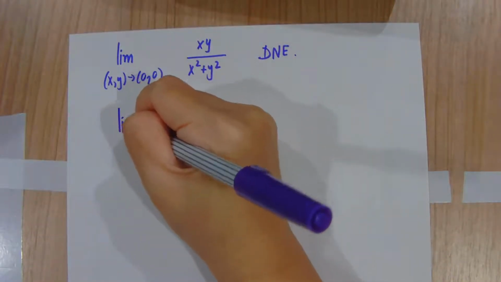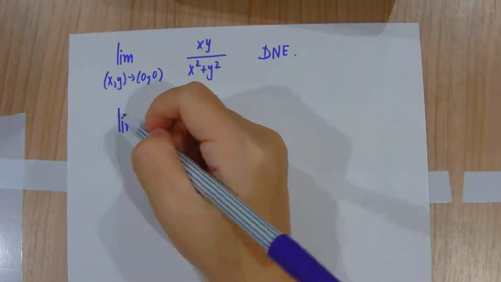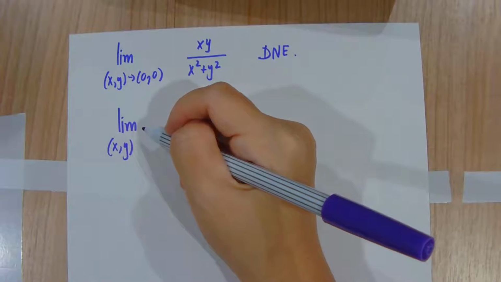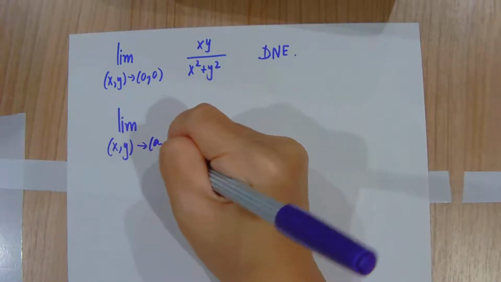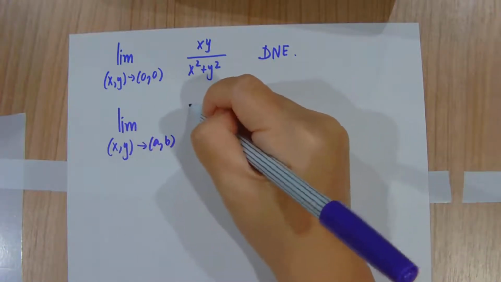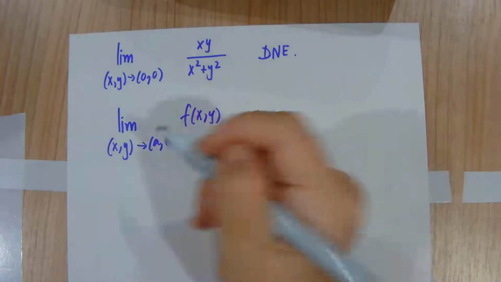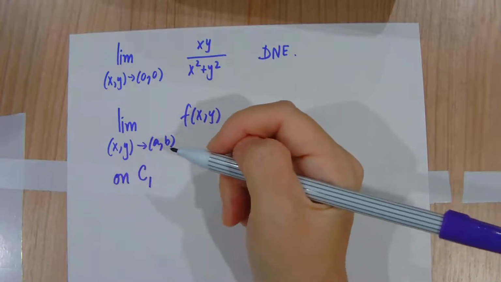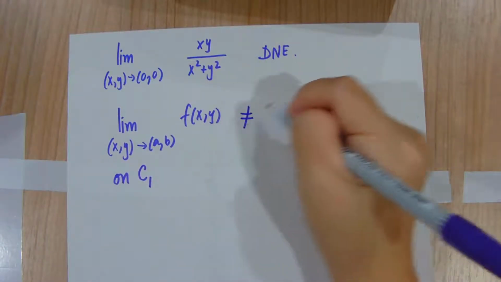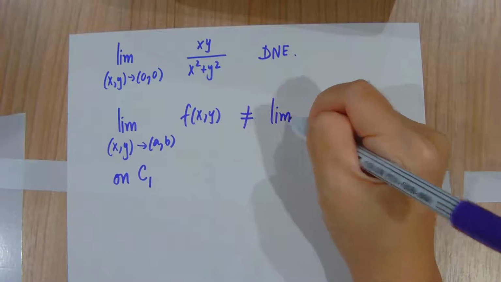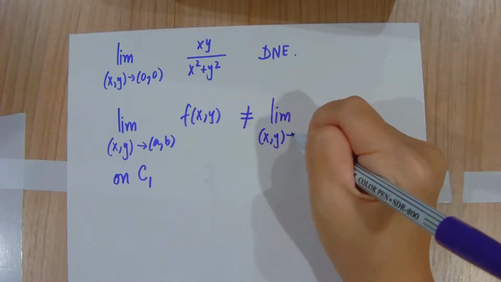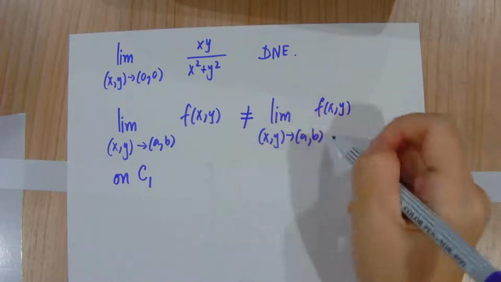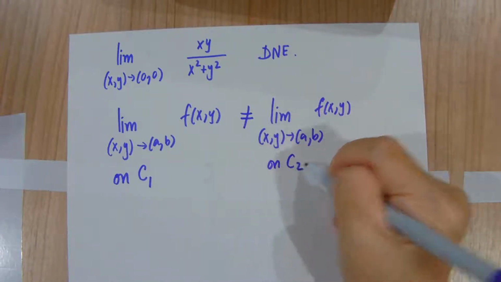The theory states that if we can show the limit on this part of the function xy, like we can find on the curve C1, and the value does not equal the limit of this part of xy on the curve C2.